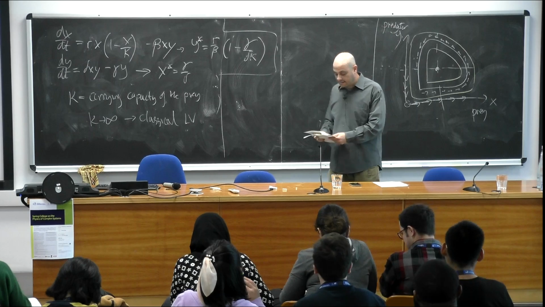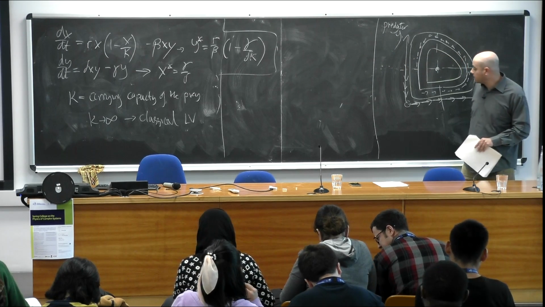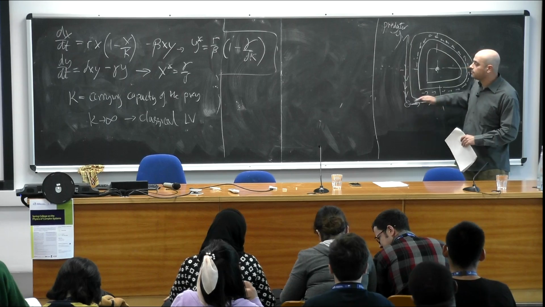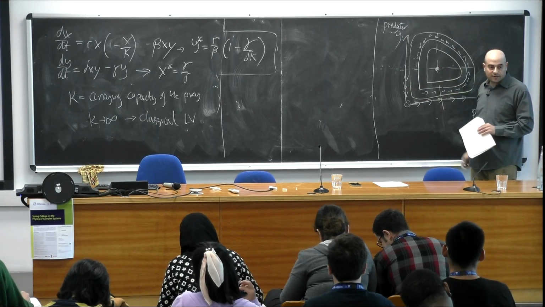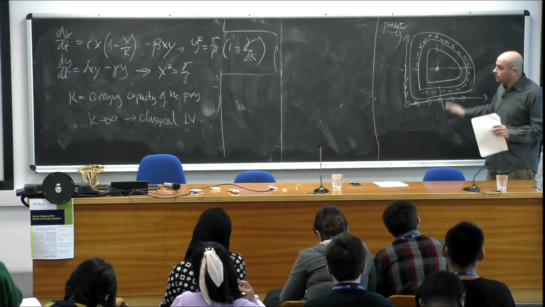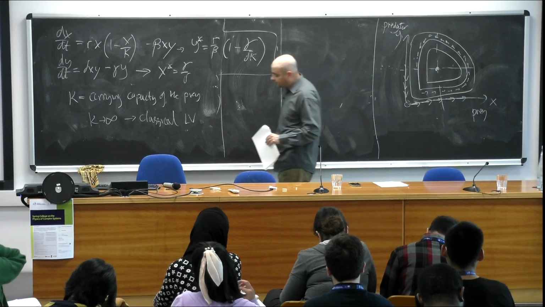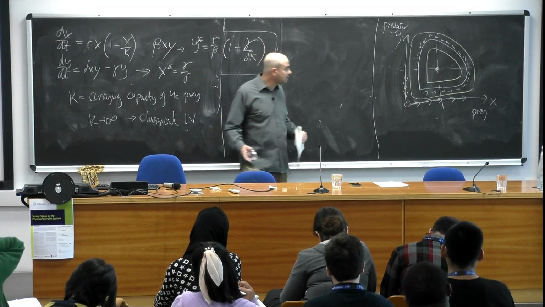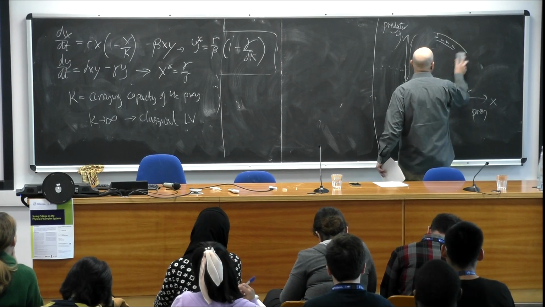So one can study the dynamics of the fixed point. This has moved a little bit, but essentially we still have a straight line and a straight line and a fixed point. But now if one studies the stability, we will see that instead of having these closed orbits, we would have a convergence.